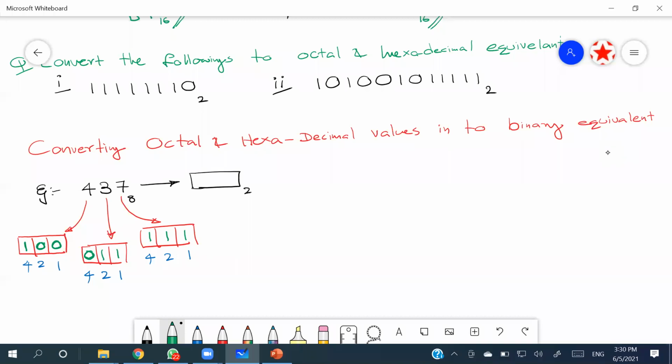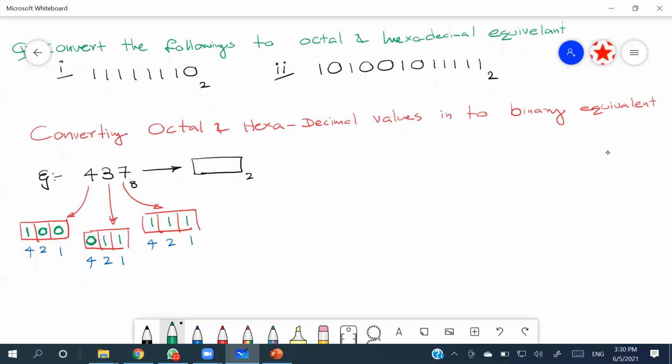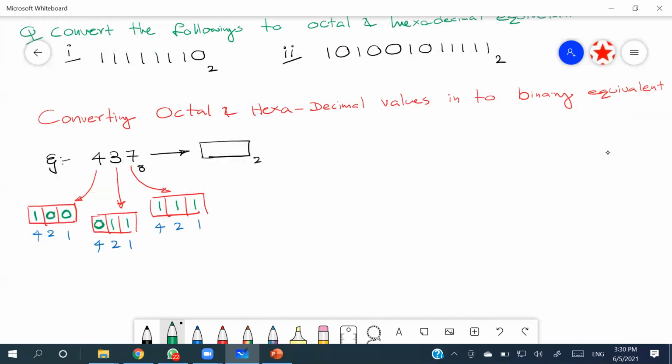This is how we are going to create 4. And your answer is going to be, now write these patterns from left to right. So this is going to be your answer. 1, 0, 0, that is from 4. 0, 1, 1, that is from 3. 1, 1, 1, that is from 7. Simple as that.